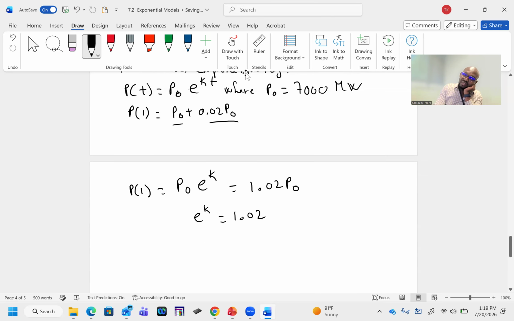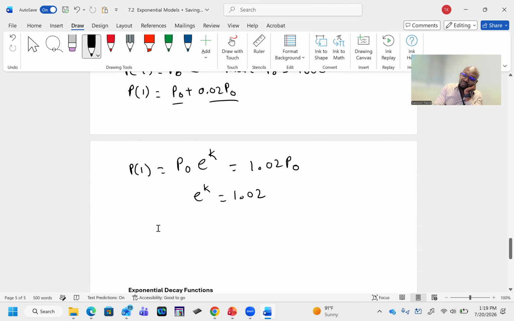Then k will be ln of 1.02. Then use your calculator again to give the approximation. ln of 1.02 will give me 0.0198.